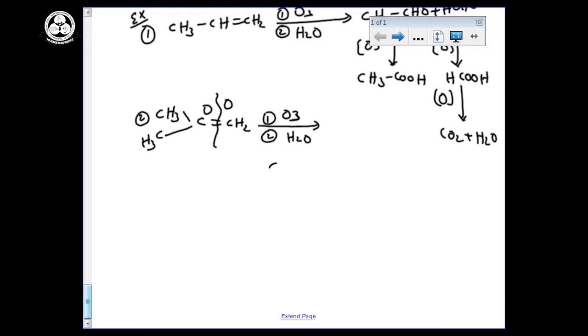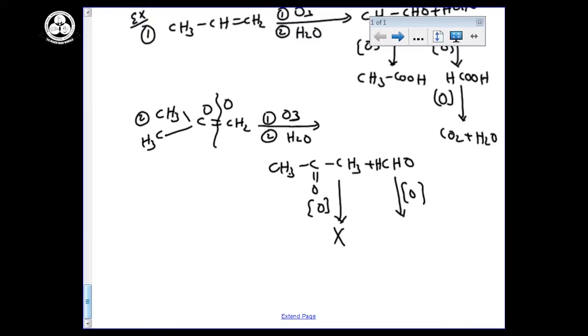You get CH3 C double bond O CH3 plus HCHO, formaldehyde. Further oxidation gives no reaction for the ketone, as I already told you only aldehydes can convert into acids. Formic acid is highly unstable and will be oxidized into CO2 and water.